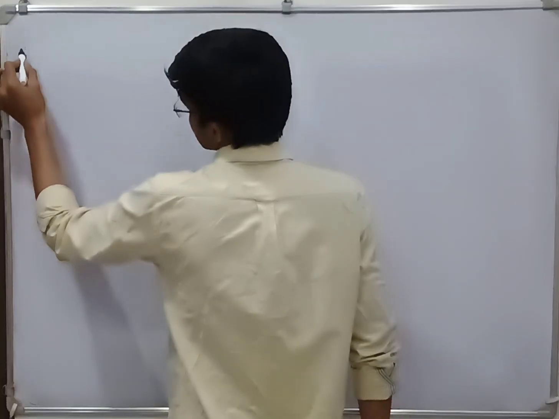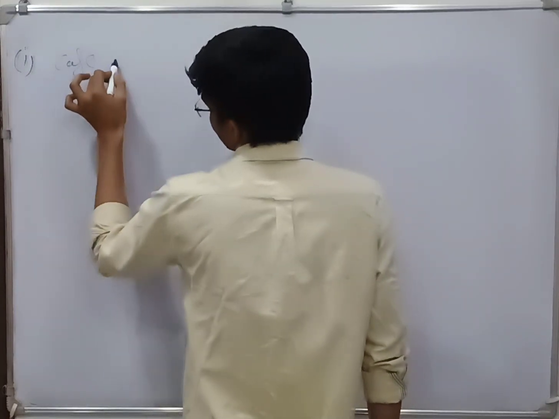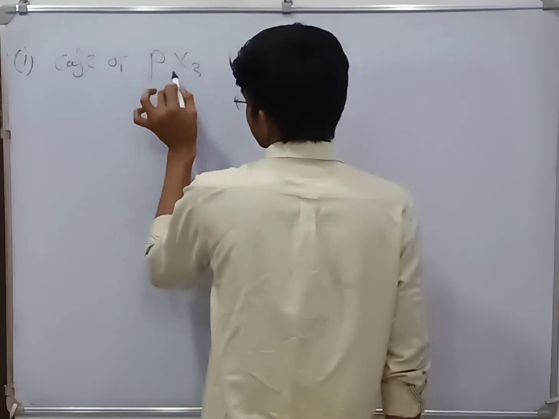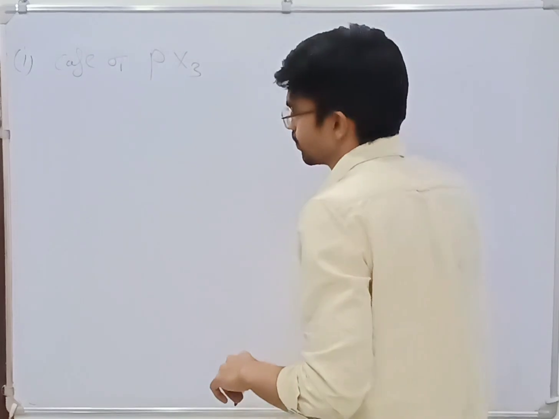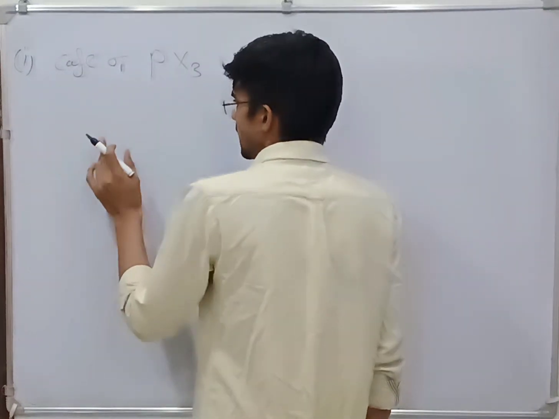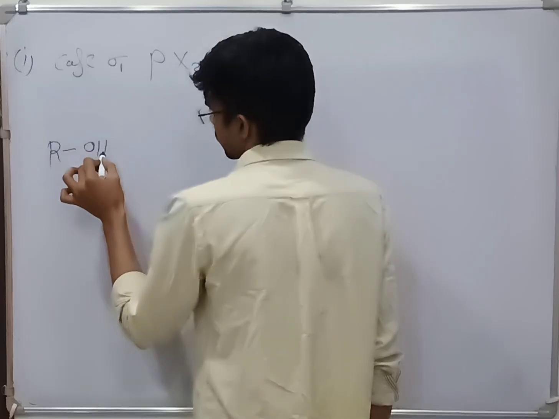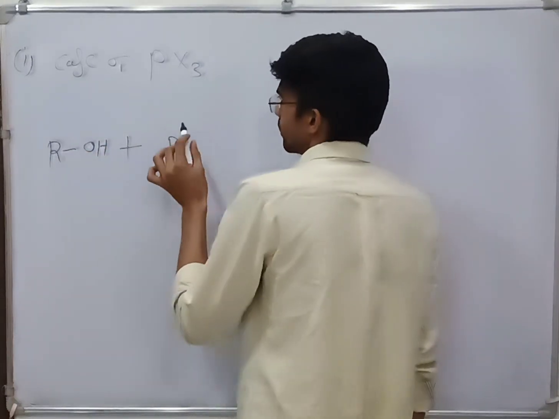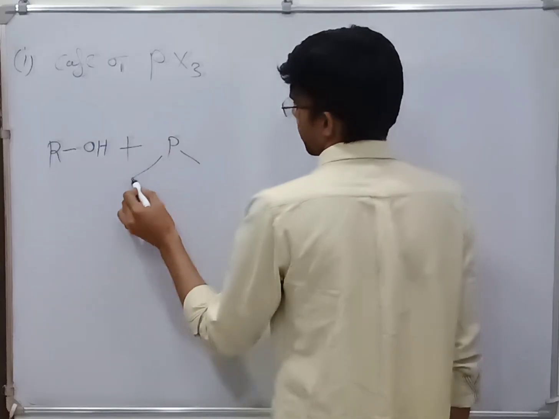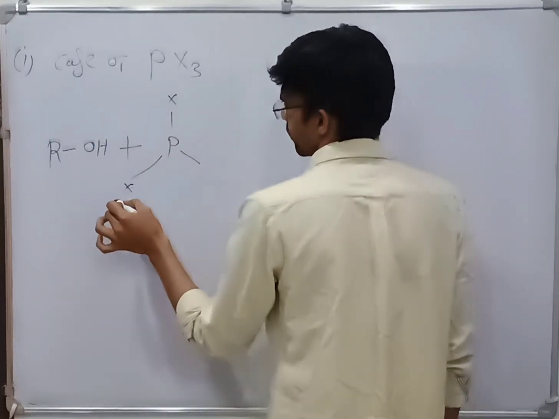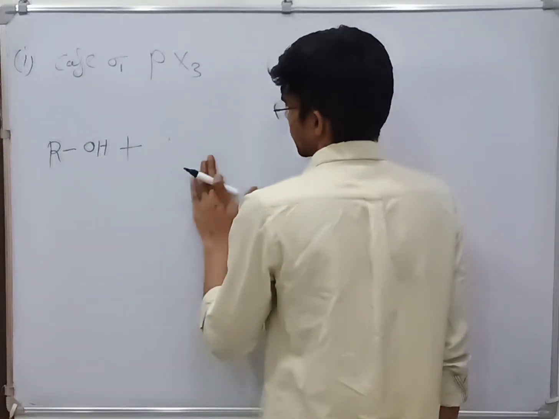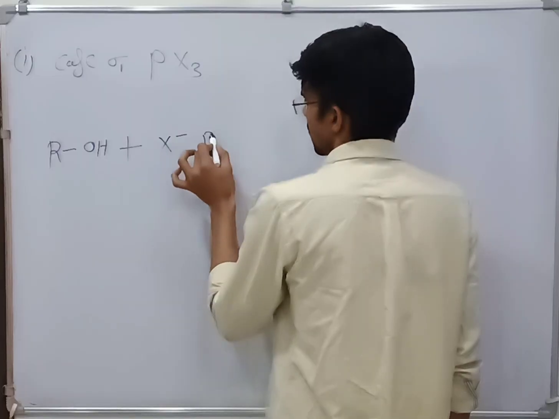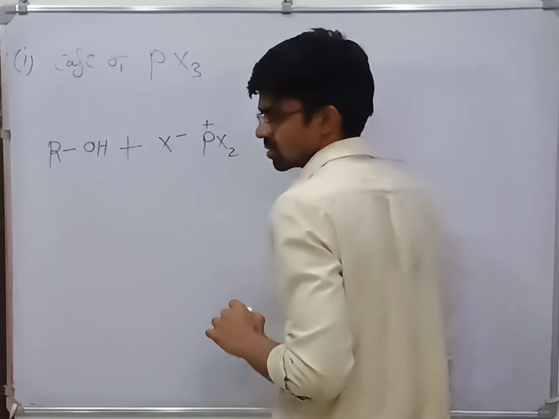Okay, next one is reaction of alcohol with PX3, that is phosphorus trihalide. Alright. See, whenever we react the alcohol ROH with PX3, it will break into two parts, that is X minus and PX2 plus.